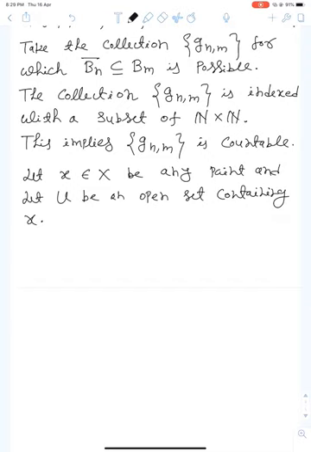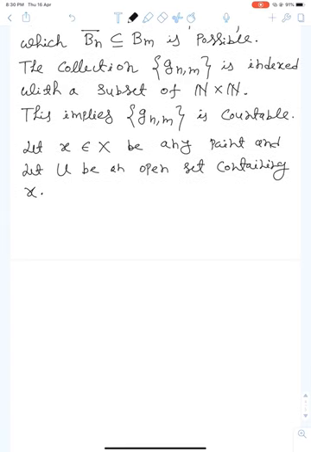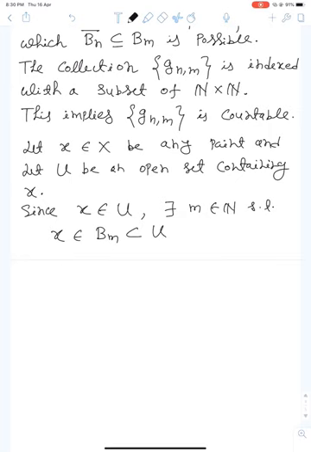Now we need to find some index n, m such that the value of g n,m at x is positive and the value of g n,m outside of U is 0. So why is that true? First of all, x belongs to U. Since x belongs to U, there exists a natural number m such that x belongs to Bm, a subset of U.